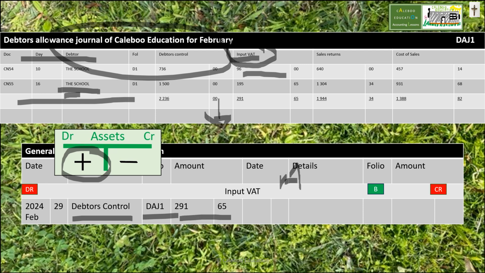What was the amount? 291.65. And there we go. The account was debited. So input VAT, which is an asset, that information there now has ended up in the general ledger.